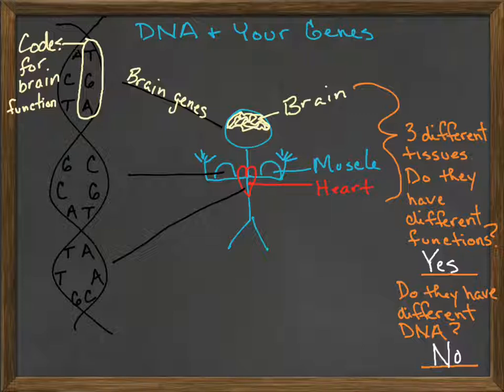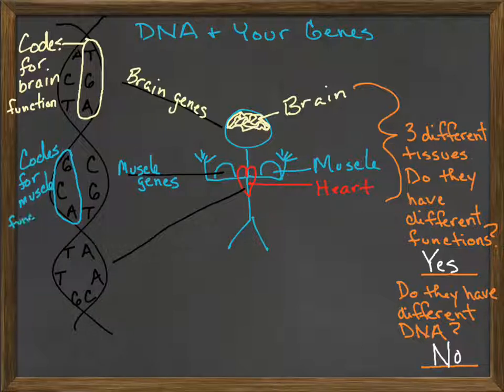It's certain genes that are just for your brain on your DNA. Then you have certain genes on your DNA that, depending on how they turn on and off, will help your muscles function, and they code for specific muscle function. And that's blueprinted on your DNA.